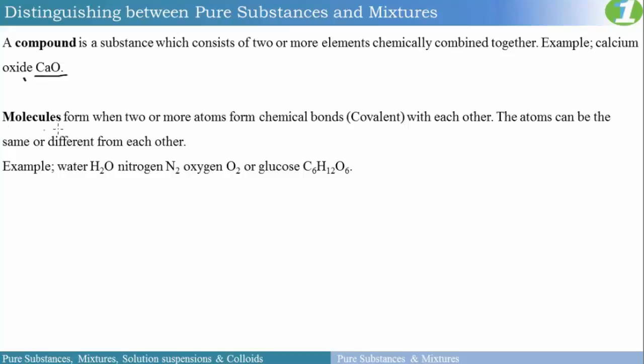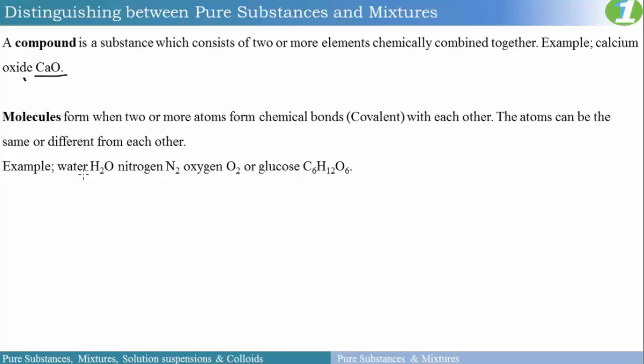And once you are a molecule, you are covalently bonded. So ionic and covalent bonds are bonds that we will discuss at a later date. Just remember that if you are an ionic compound, you are a solid. If you are a covalent compound, you are a gas or liquid, and you form molecules.